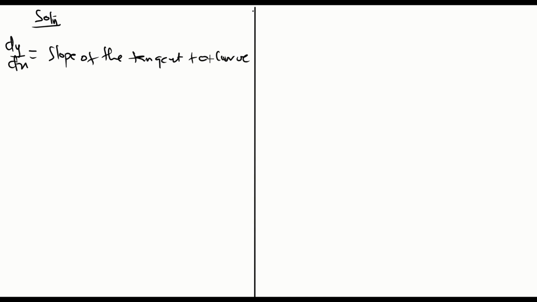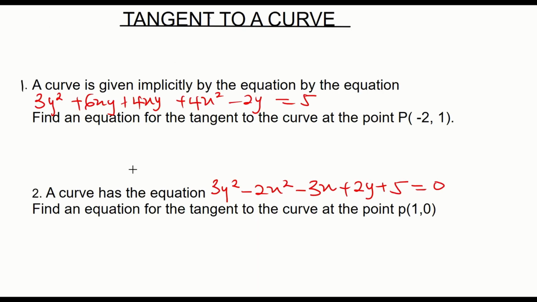So we have to identify that the first derivative of the function will give us the slope of the tangent to the curve. Then we can proceed to find the equation of the tangent line as the question demands.